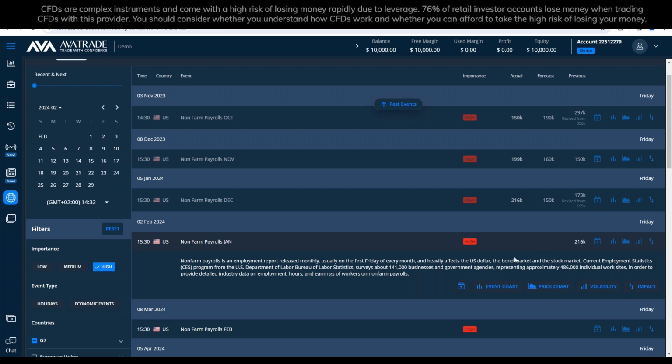If it would have been otherwise, if we would have expected 150 and it would have been 140 or a lower number, what could we expect that the dollar will be? That the dollar will be, if it goes lower than the forecast? Down, exactly. Thank you, John.